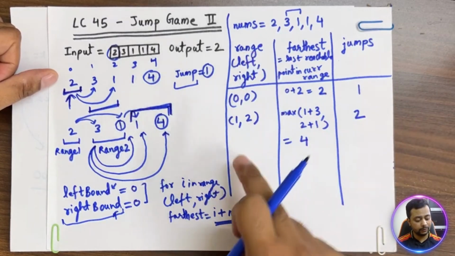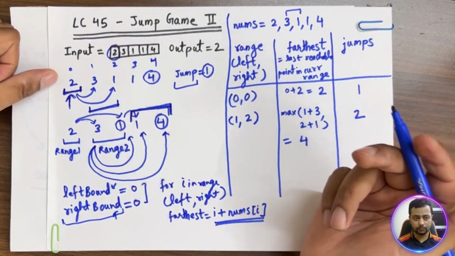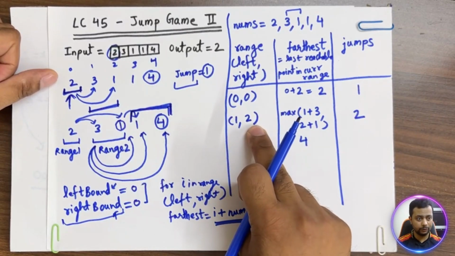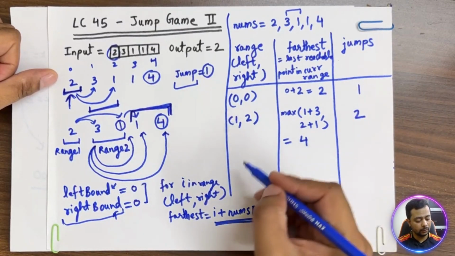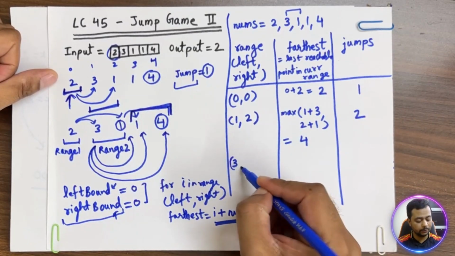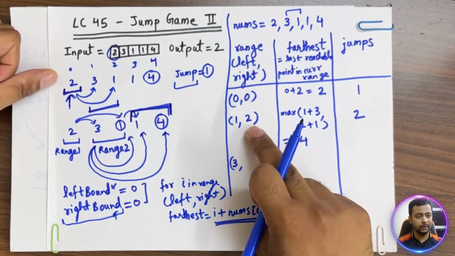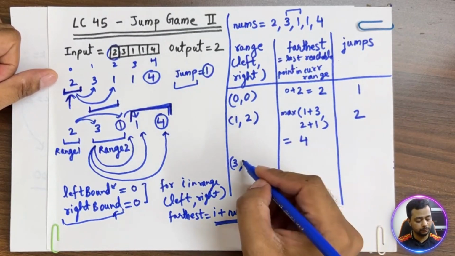Now for the next range, again let's repeat the logic. The starting position will become the ending position of the previous range plus 1, which will be 2 plus 1, 3. And the ending position will be the farthest reachable position from the previous range, which is 4.